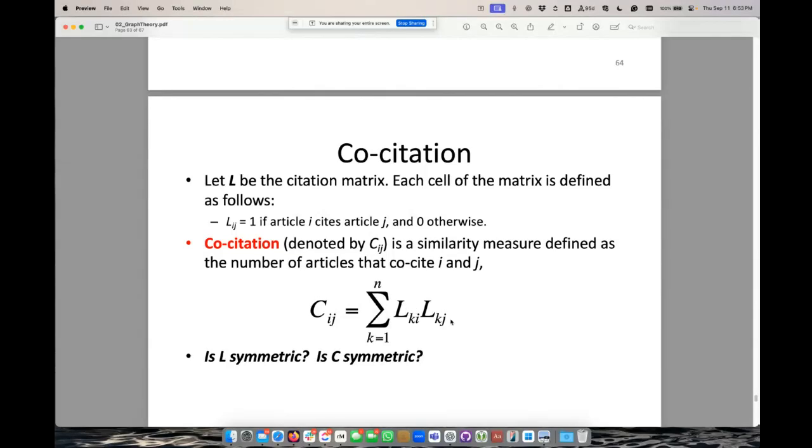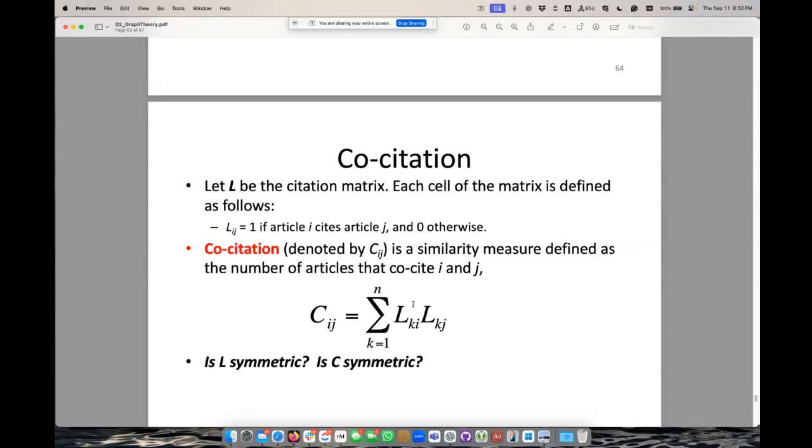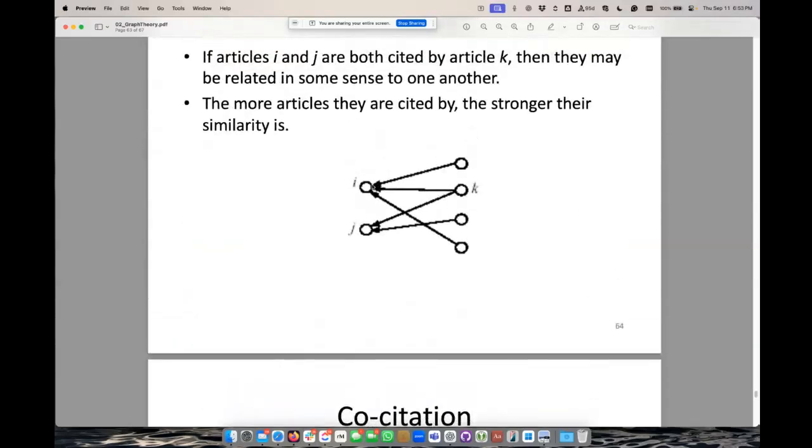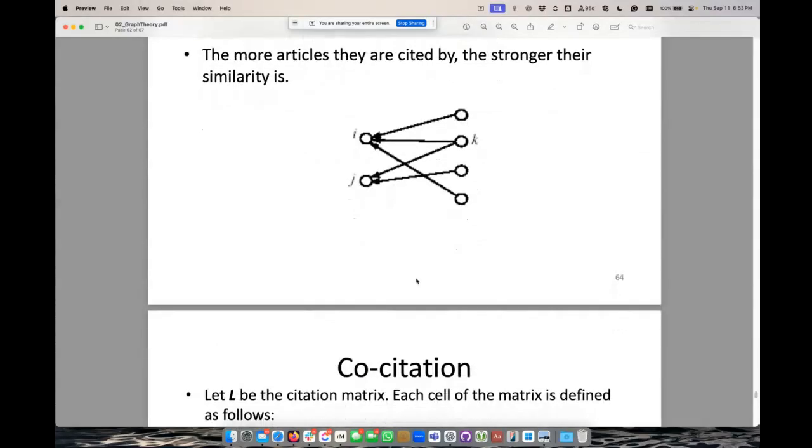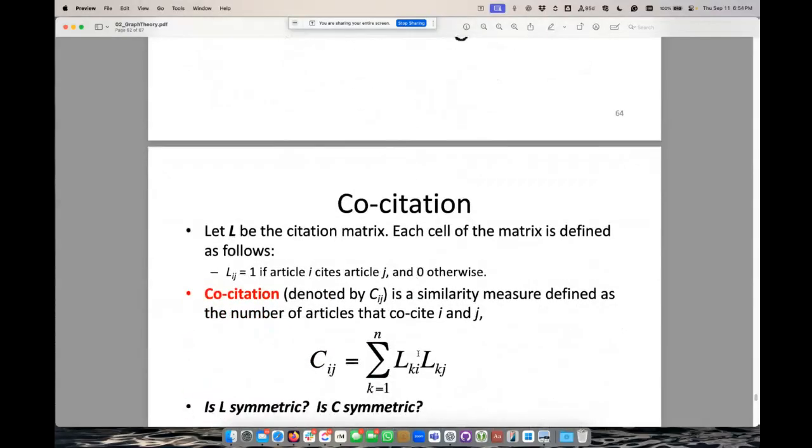So Lki times Lkj will tell us whether both I and J papers are cited by K. Because if either one of them is 0, then the product will be 0. If both of these edges exist, then the product will be 1. Right? So Lki times Lkj will be 1 if both these edges exist.